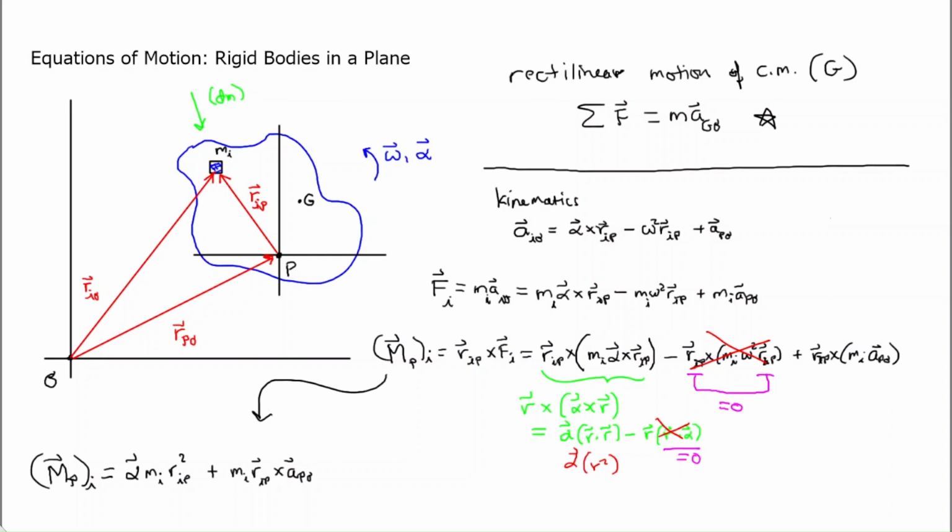At this stage, what we would like to do is take the sum of the moments acting over the whole rigid body, over all possible points i. On the right-hand side, we're basically going to turn our m sub i terms into dm terms and integrate. So let's do that next.